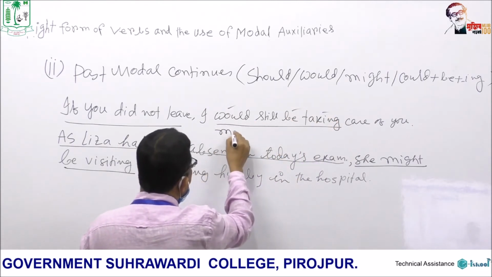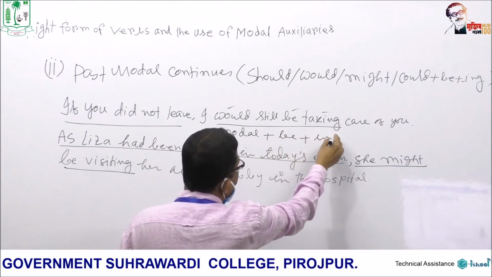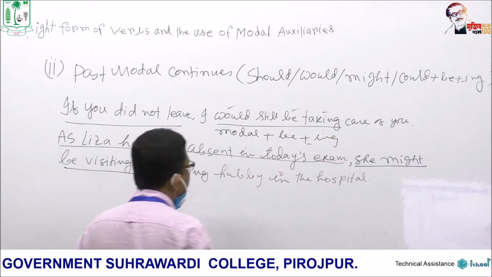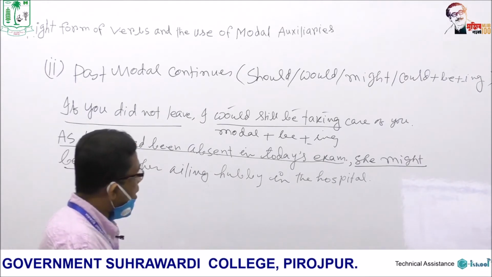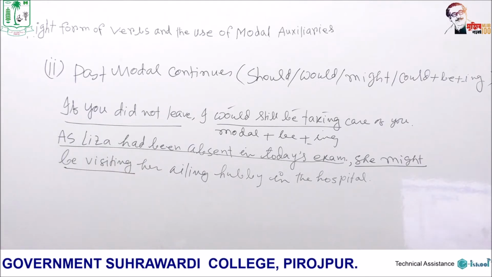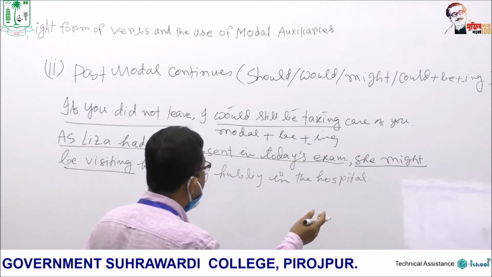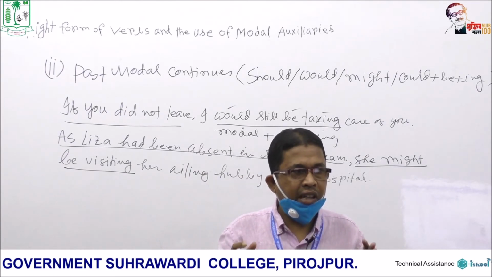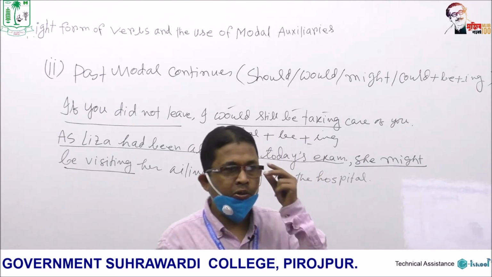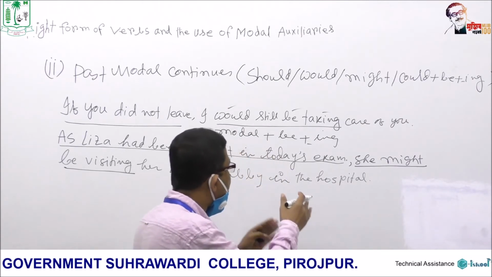That is modal plus be plus, of course, main verb plus ing. And then, as Lisa had been absent in today's exam, that is, Lisa is not appearing. She is not sitting for today's exam. Suddenly, she is absent from the exam. So you are making some guess.